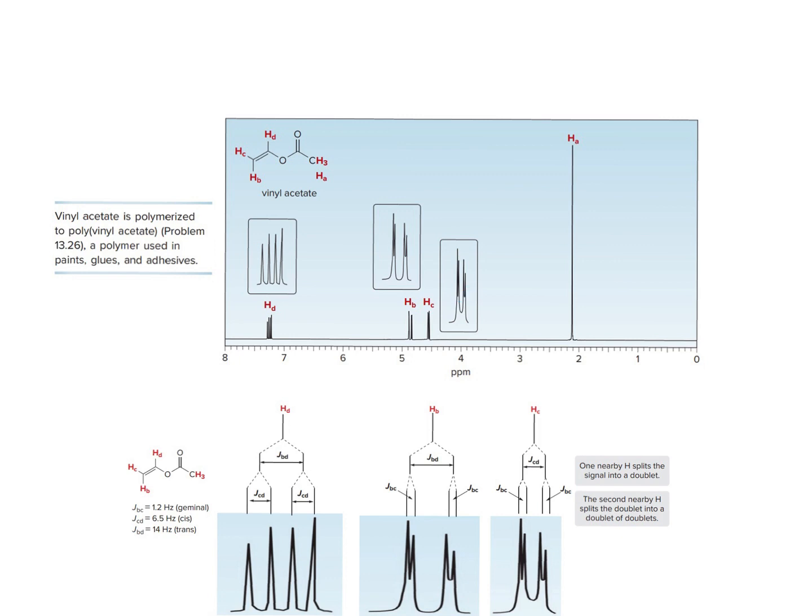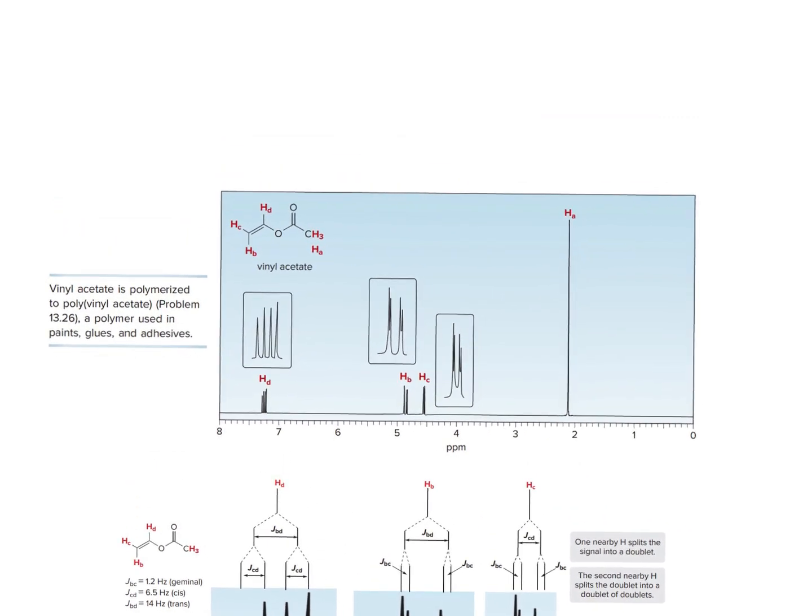So we want to talk about that splitting for just a moment. Let's start with HB. I'm looking at this signal right there, that's HB. What happens here is HD splits HB into a doublet. We are also looking at this signal pattern here.